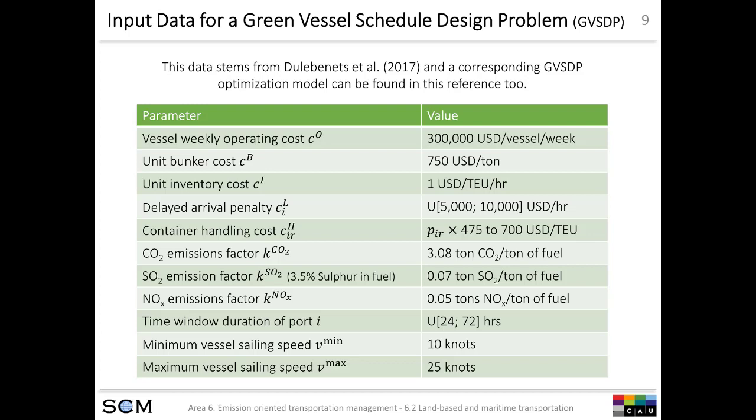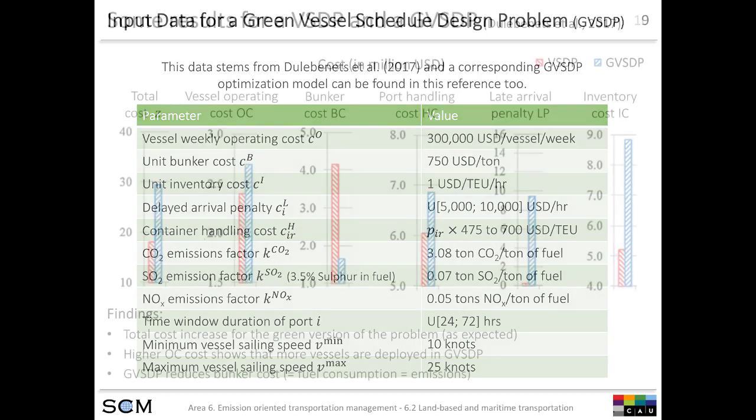All this data goes into the optimization of Dulebenets et al. 2017, and they can then produce a solution for a vessel schedule design problem that does not care about the emissions, where everything is just optimized such that total costs are minimized, and for a green version of the scheduling problem, where the emissions are bounded to certain maximum values, and for this reason we have a solution from this that is somewhat more environmentally friendly.